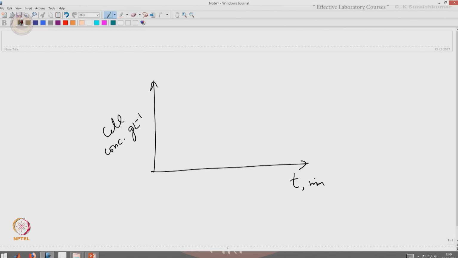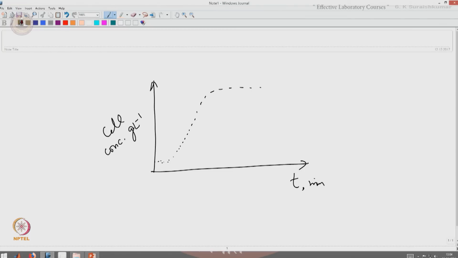Hours is too long. We typically choose a bacterium that grows fast for the purposes of a 3-hour experiment, and therefore in minutes. Then they see variations. This is the expected variation of cell concentration with time, right.